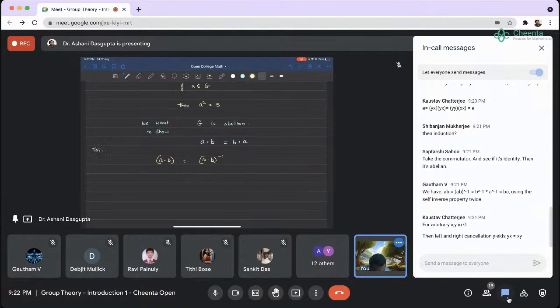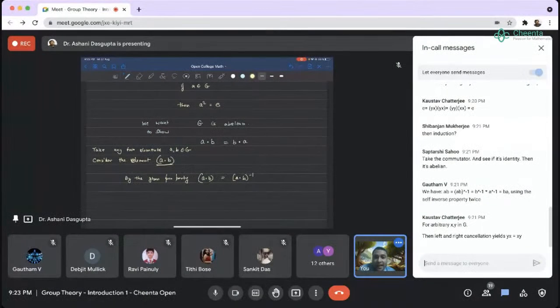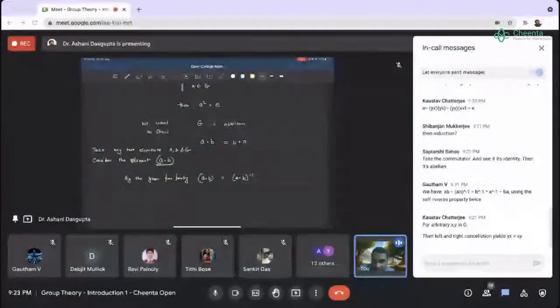So take any two elements A and B from the group G and consider the possibly new element, the element A times B. That's also a member of the group G. By the given property, A times B is the same as the inverse of A times B. That we know, because every member of the group is self inverse.